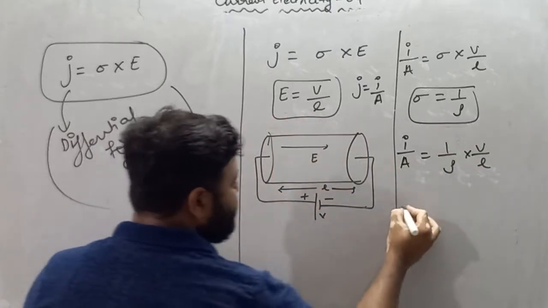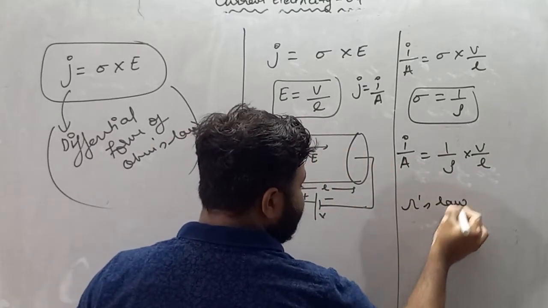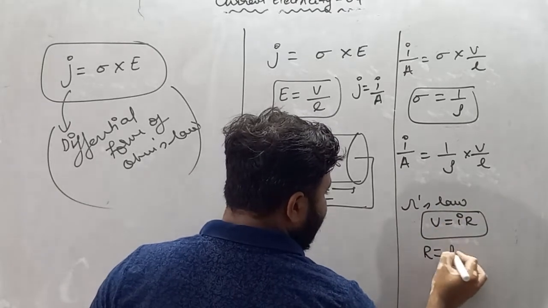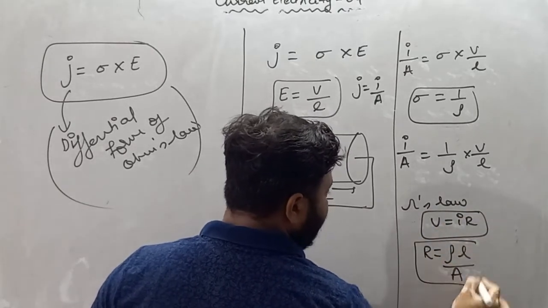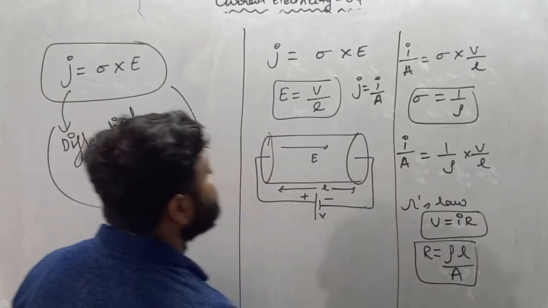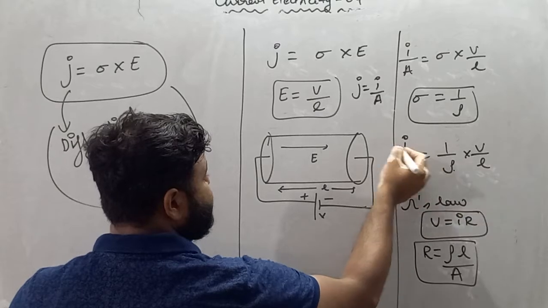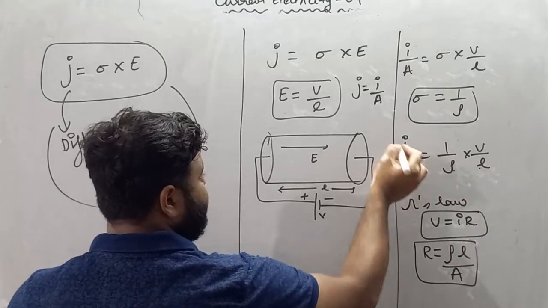See, we have Ohm's law. Ohm's law says V is equal to IR, and we know that R is nothing but rho L by A. So check it out, my dear student. Rho can be taken to this side, L can also be taken to this side.